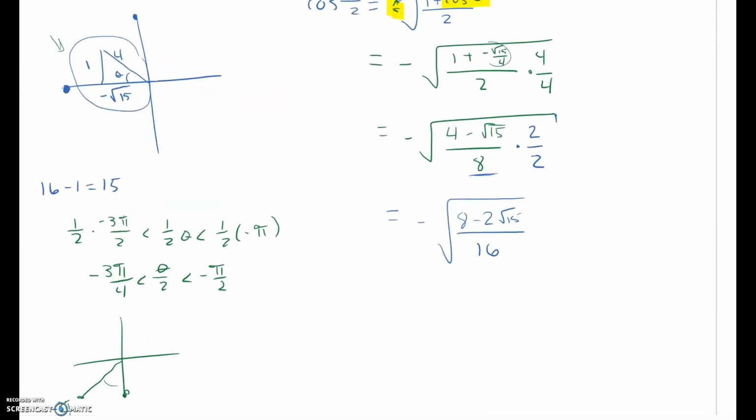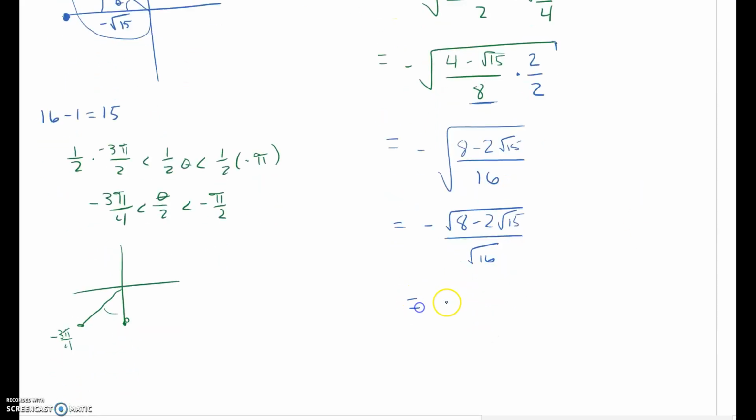Now I can split it: negative square root of (8 minus 2 root 15) all over the square root of 16, which is 4. So this is negative square root of (8 minus 2 root 15) all over 4, and this is your simplified, rationalized answer for that problem.